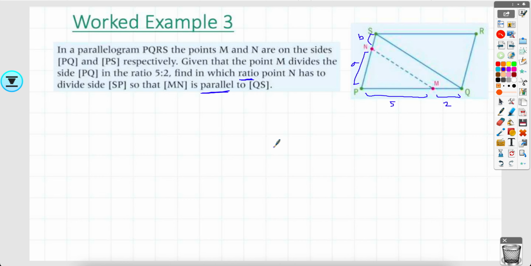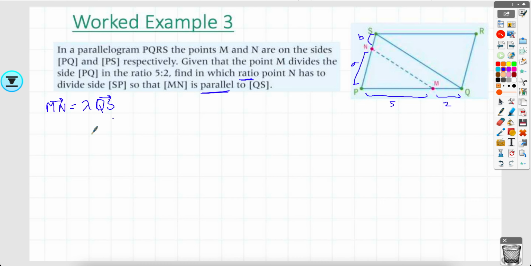So what we're going to do is, we know that in order for MN to be parallel to QS, there has to be a scalar multiple. So we know that there has to be something that multiplies with QS.